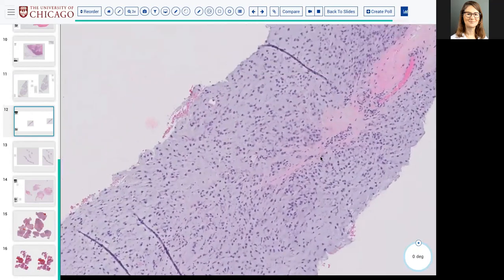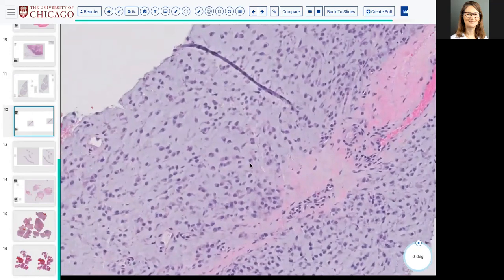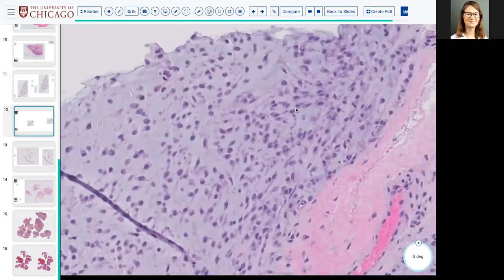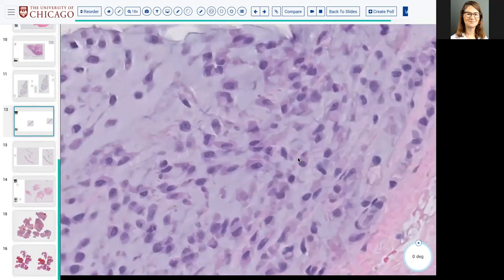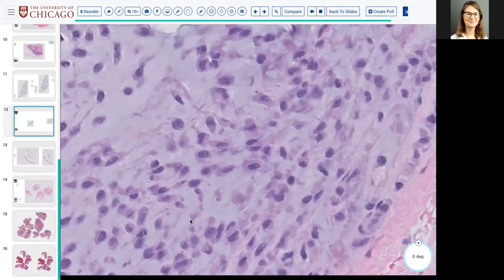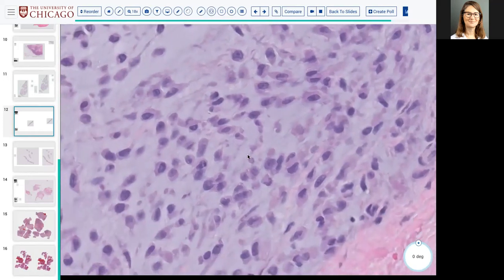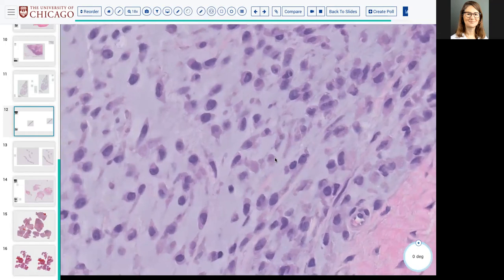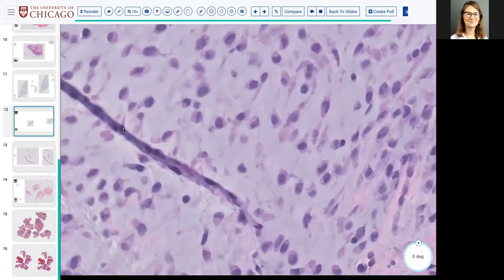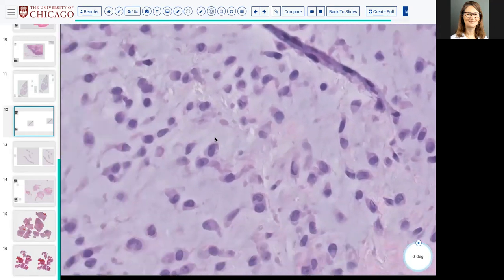You're going to tell me, God, Nicole, all these look the same. Yep. This one arguably does not have such vacuolated cytoplasm or such abundant glassy cytoplasm as the chordoma.